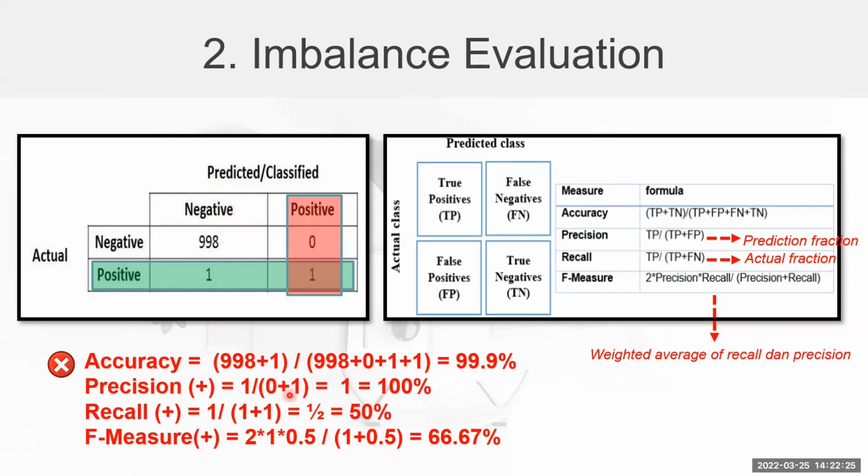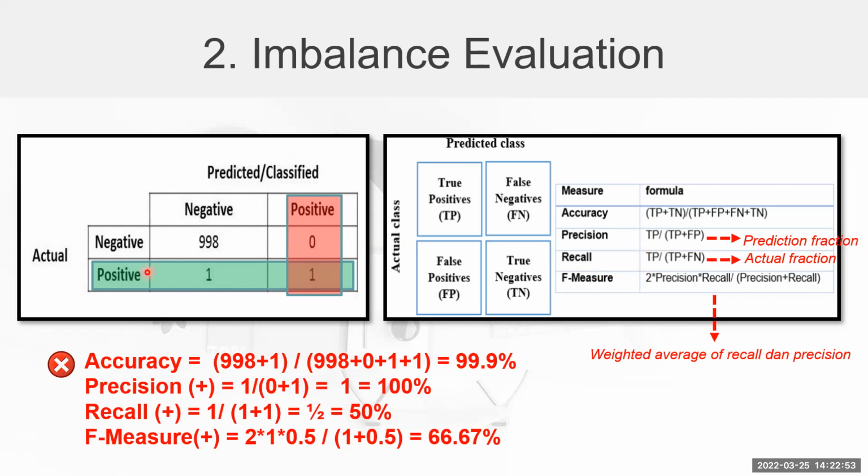How about precision? The precision of the positive class is the fraction of predictions that get the right class. So we only focus on how many of the predicted positives are correct.